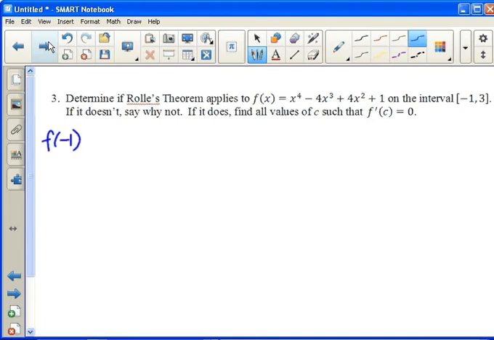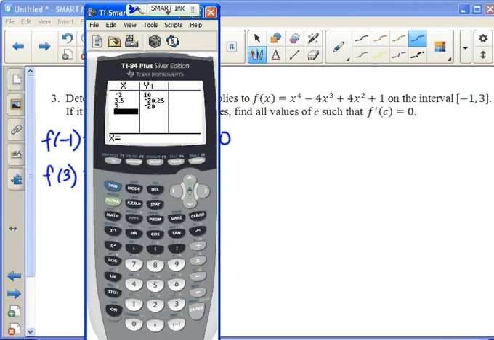That is a requirement. So we're going to get 1 plus 4 plus 4 plus 1, which is 10. And then if we plug in 3, we get 3 to the 4th is 81, minus 3 to the 3rd is 27 times 4. Oh goodness. Let's just do this. Save ourselves a little bit of time.